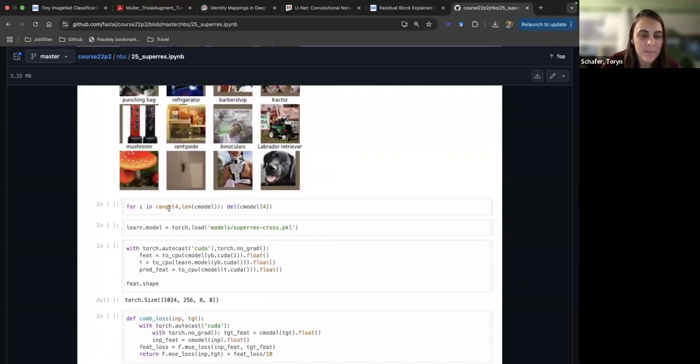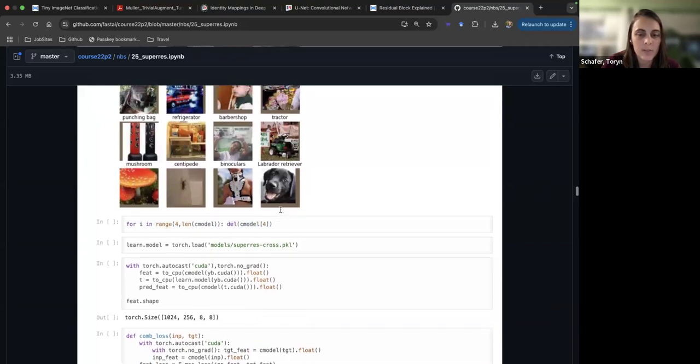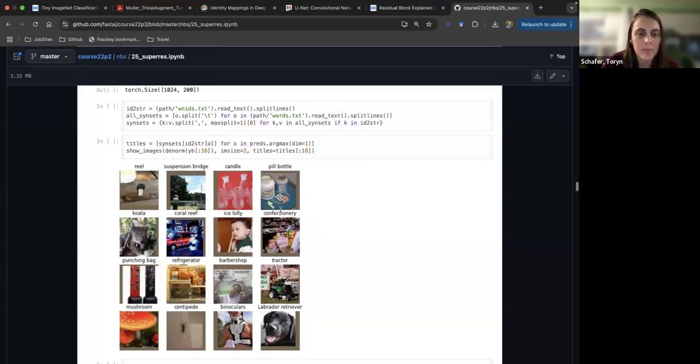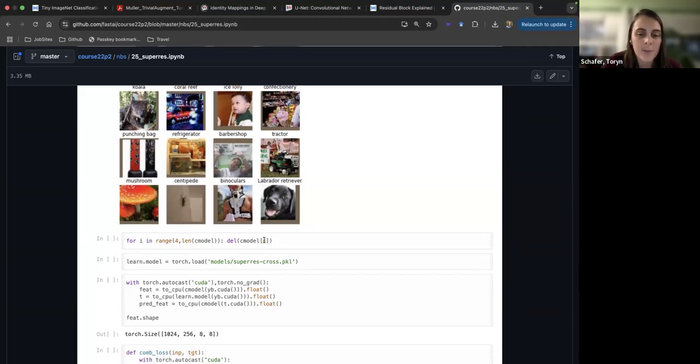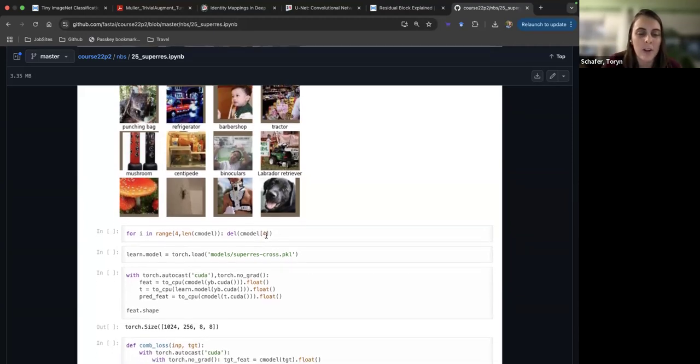Okay, so this was how we essentially deleted all of the layers. We just want this model to end at the feature that we're going to use in the loss. So we're deleting all of the layers after that. And this took me a little bit to understand why he kept 4 here, but then I realized, when he deletes the first one, then the one in the 4 position will be a different one.